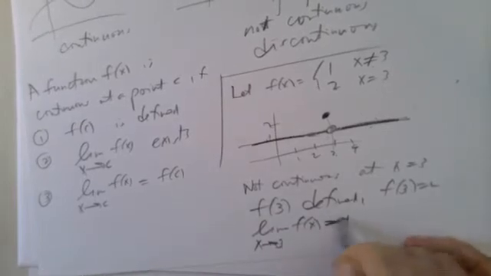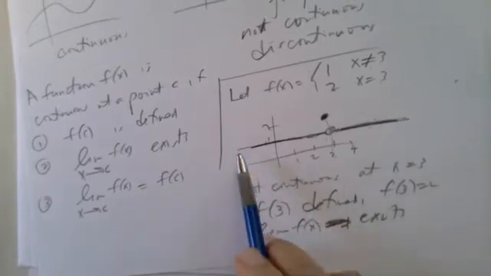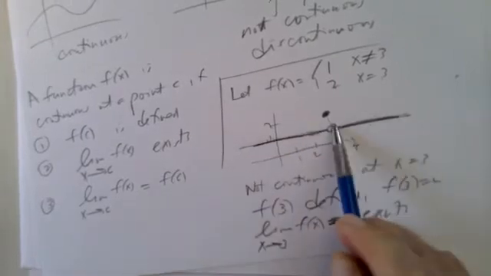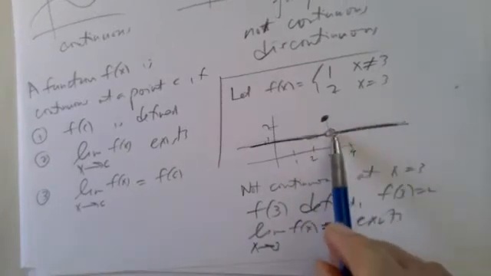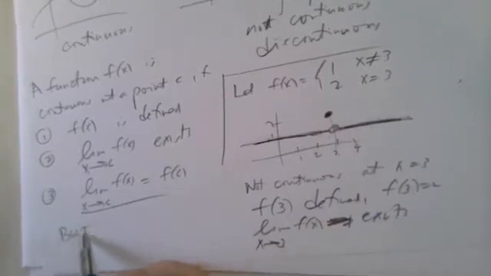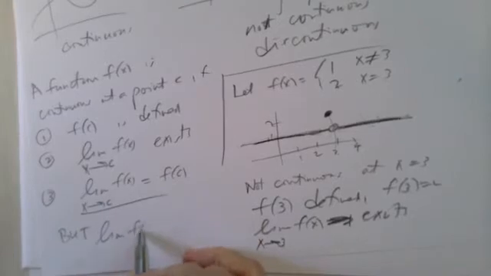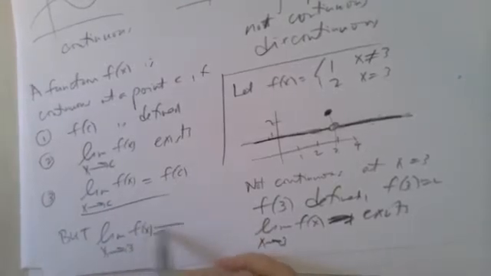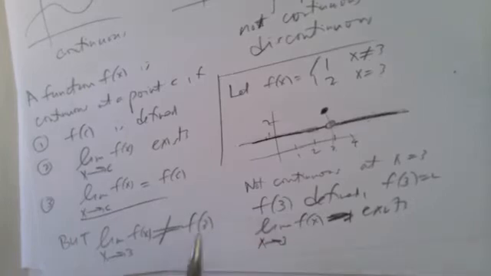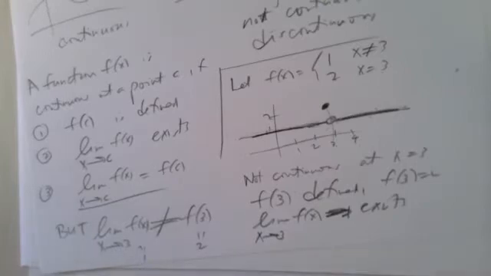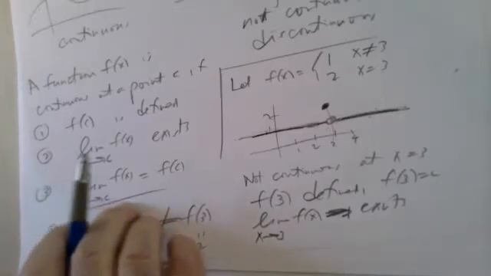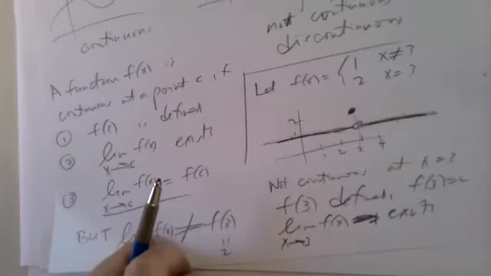It's equal to 1, because as you approach 3, the function is just moving along this horizontal line and it approaches 1. But the limit of f of x as x approaches 3 is not the same as the value of the function at 3. The value of the function at 3 is 2. The limit is 1. So this is an example of what it means for a function to be continuous or not continuous. And there are lots of very good pictures of this in the textbook.